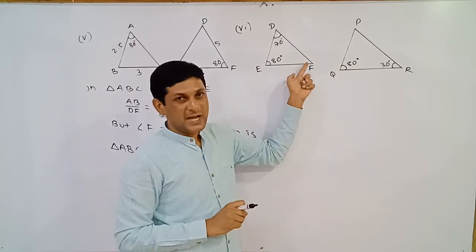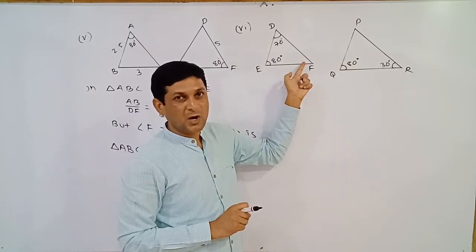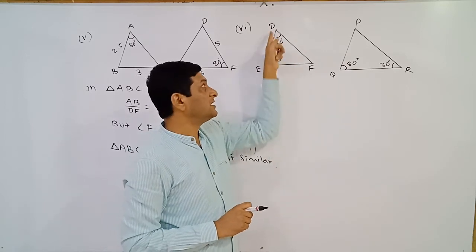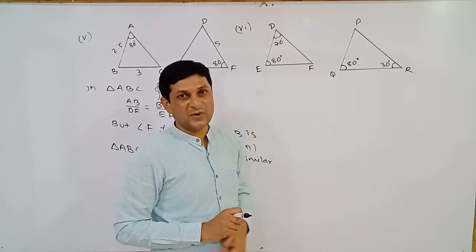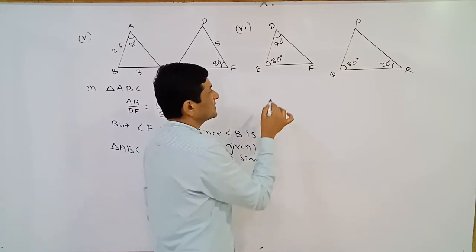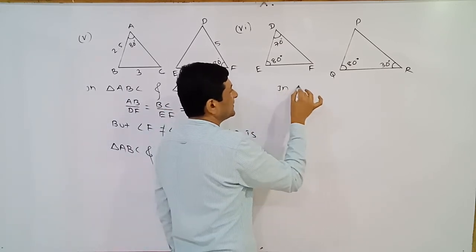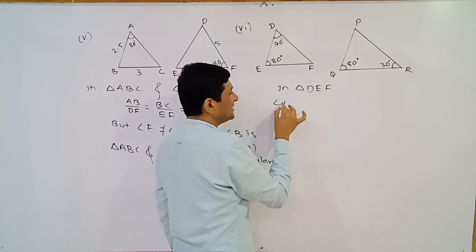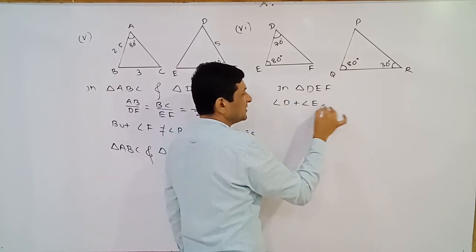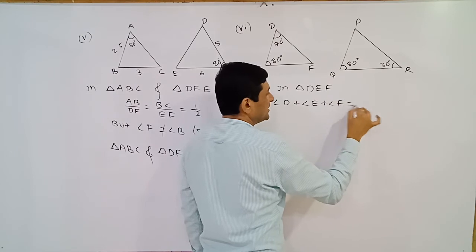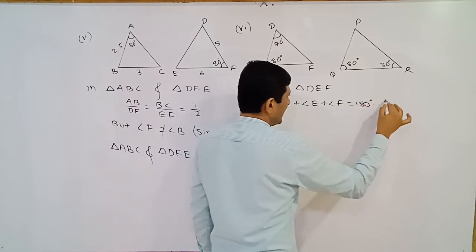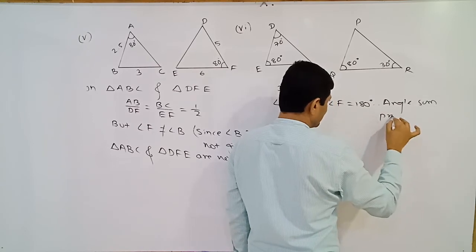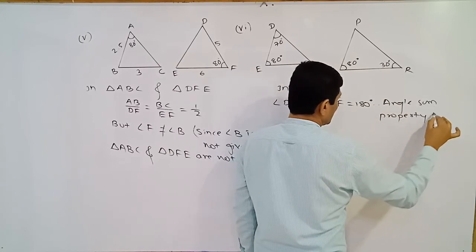But to prove that, we have to prove that this angle is what? 30 degrees. So first we are considering triangle DEF and we are trying to find the measure of angle F. So in triangle DEF, angle D plus angle E plus angle F will be equal to 180 degrees by the angle sum property of a triangle.